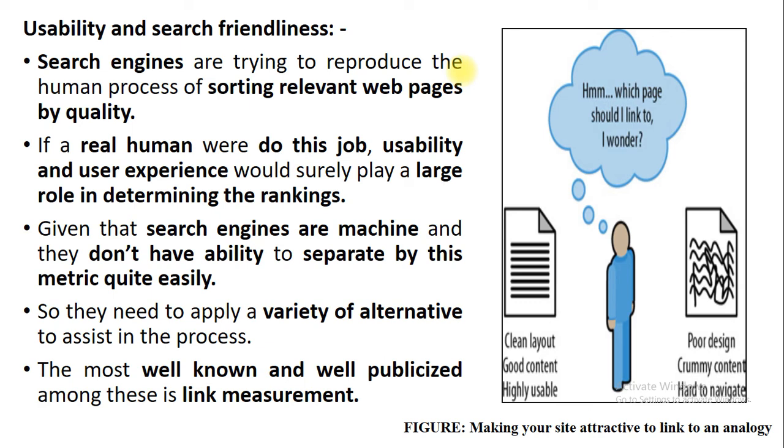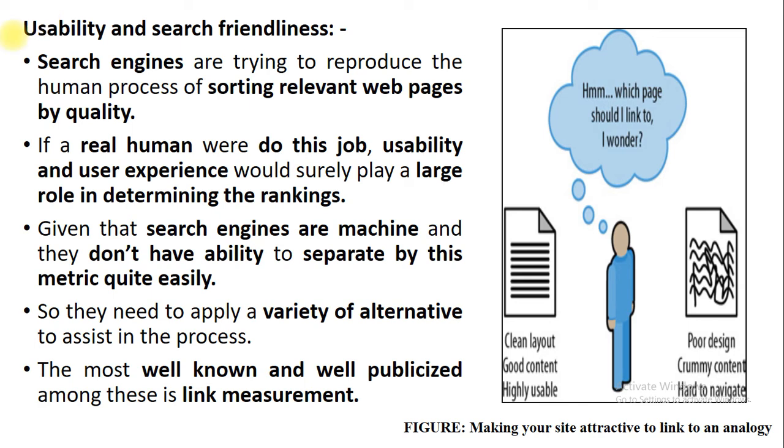Link measurement technique is nothing but an internal linking structure. If your website contains a good linking structure, it is called search engine friendliness, or you can enhance the usability of your site for the search engine crawler as well as the search engine users.